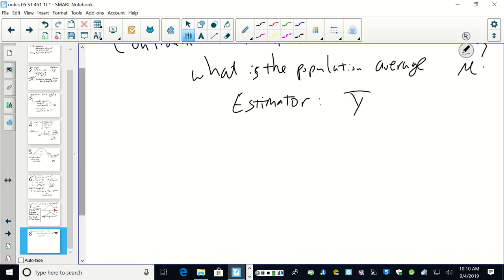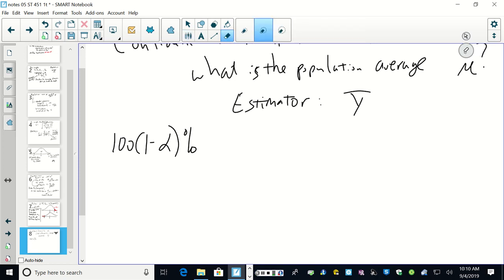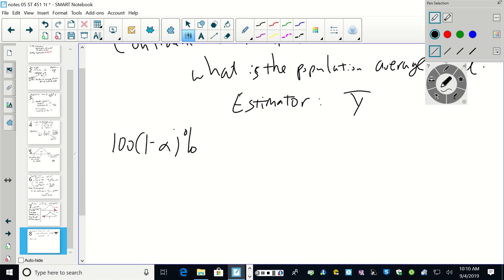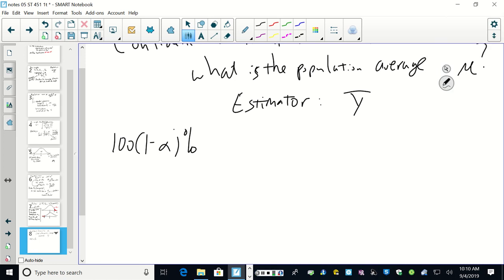So the logic for making a confidence interval, right, is we can say things about that's the letter alpha there. 1 minus alpha confidence interval for mu.